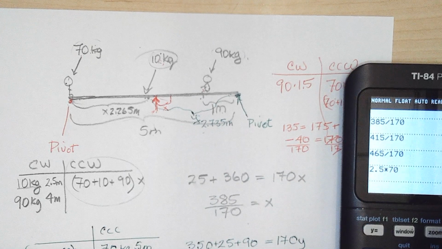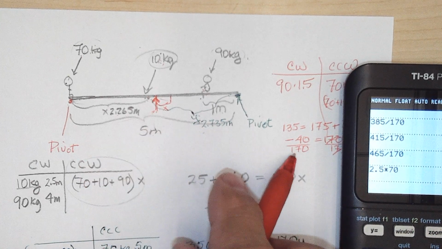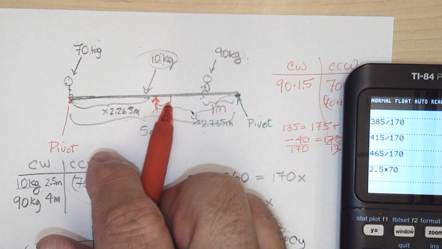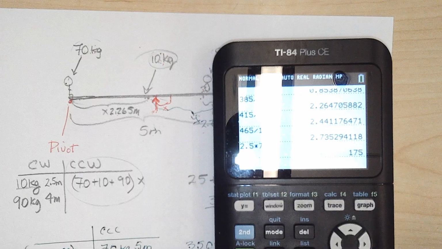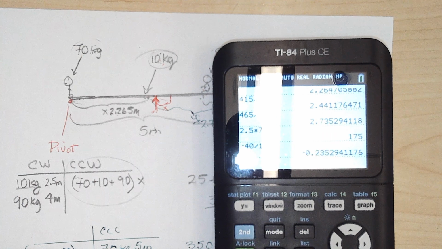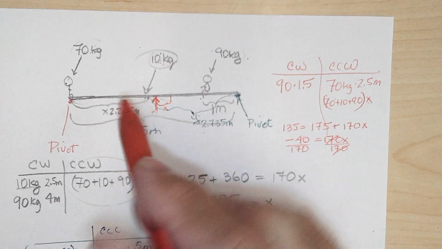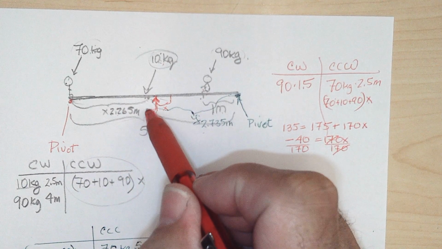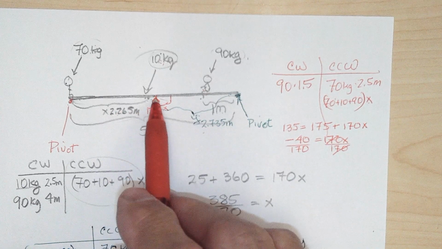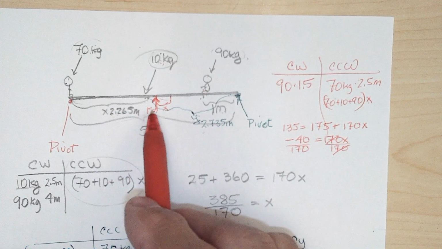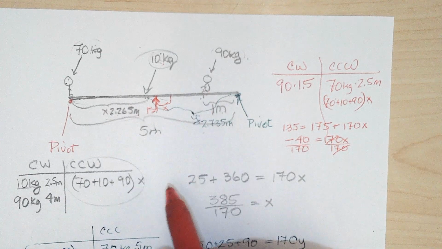And x is going to be a negative number, which means I put it on the wrong side. It's going to tell me to put it over here a little bit. So negative 40 divided by 170 says I should have put it over there 0.235 meters. 0.235 this way. Well, 0.235 from 2.5, where I thought it was, we'll put it right there again.